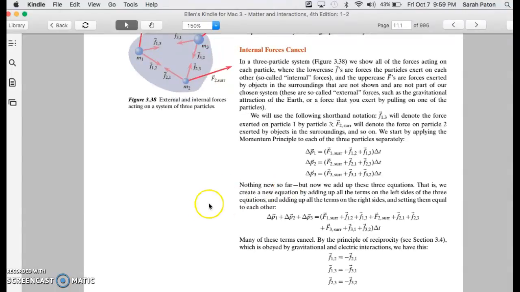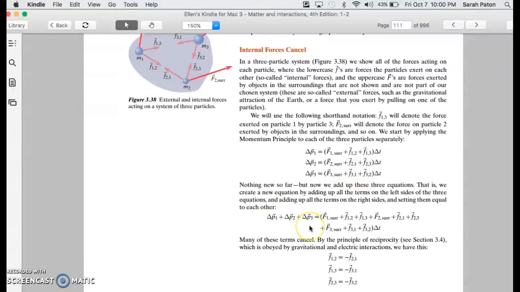Anyway, here's where it gets interesting, because now we add up these three equations. Essentially, we're just going to add change in P1 plus change in P2 plus change in P3 on one side, and then add all the external and internal forces on the other, giving us this equation.